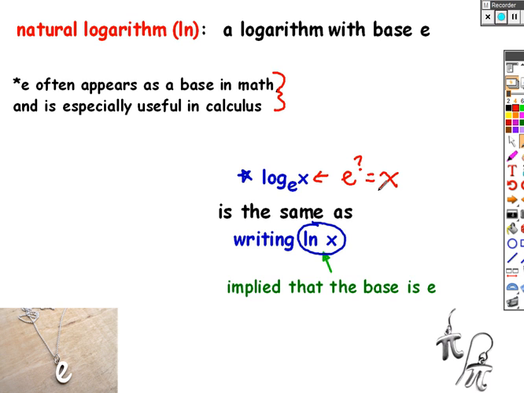Instead of writing log base e of x, I could just write ln of x, which is read the natural log of x, and this implies that the base is e. So just like with a common log, if I didn't see anything written, I'd say the base is 10. If I see that ln, this is the natural log, it's implied that the base is e. So this means the same thing as log base e of x. It means e to what power is x.